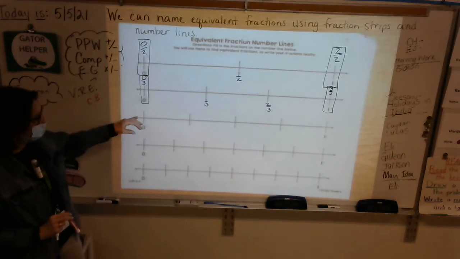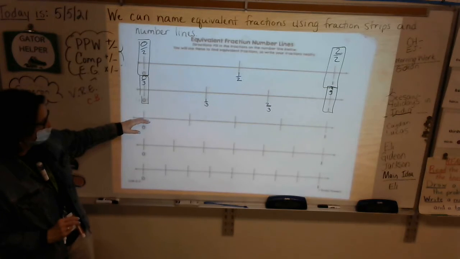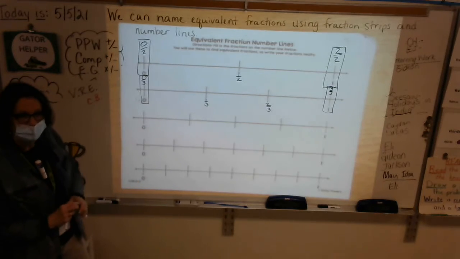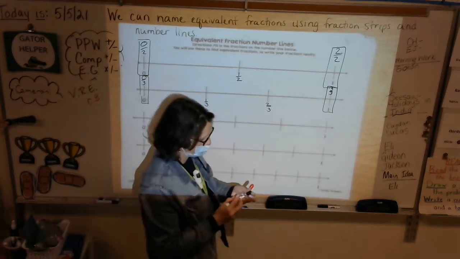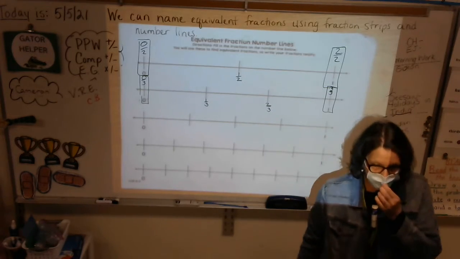How many of you think you can do the next 3 on your own? We have 4 equal parts here. We have 6 equal parts here, and we have 8 equal parts here. Go ahead and label those, and then we'll start identifying equivalent fractions. Just raise your hand if you need help.